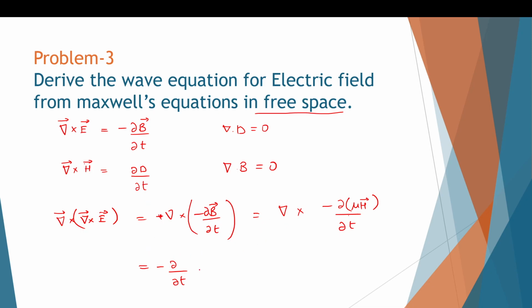So that will give me dou square D by dou t square. And then there is a mu also here.